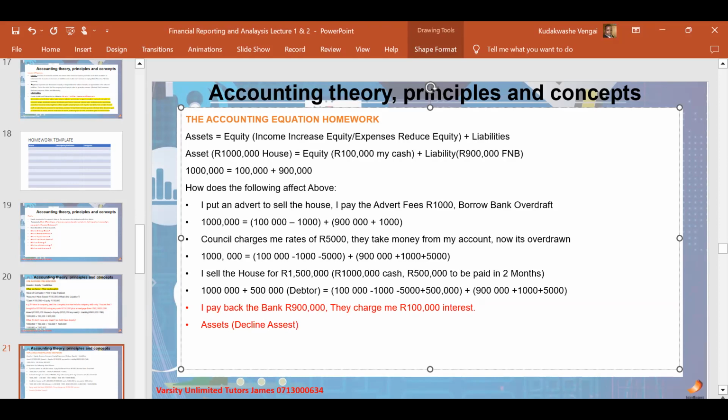But in addition to the decline in assets, there's going to be a decline in liabilities. So decline in assets, 1 million. Decline in liabilities, 900,000, because the liability was 900,000. And there is going to be a decline in equity because interest is an expense, of 100,000.